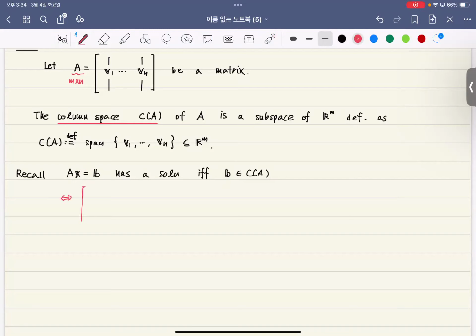I know I have repeated this so many times, but let me repeat it one last time. This Ax, with x1 to xn, is just a linear combination of v1 to vn.